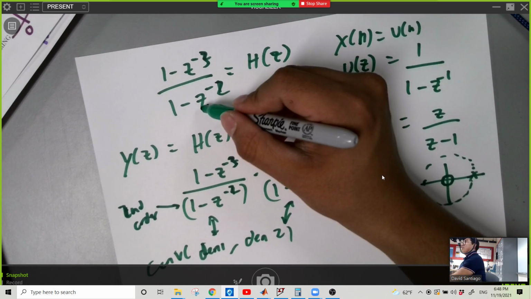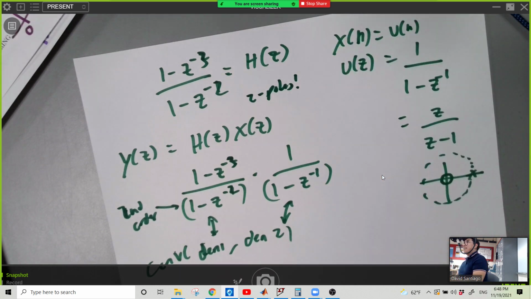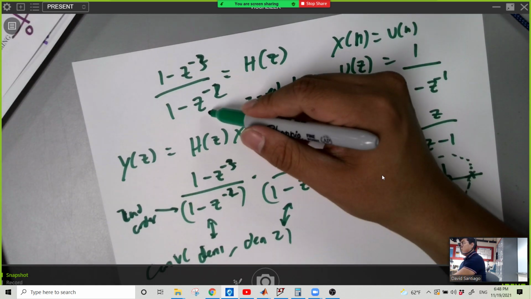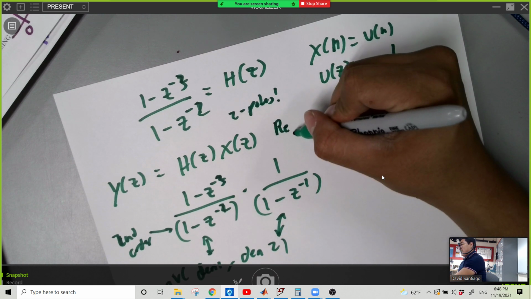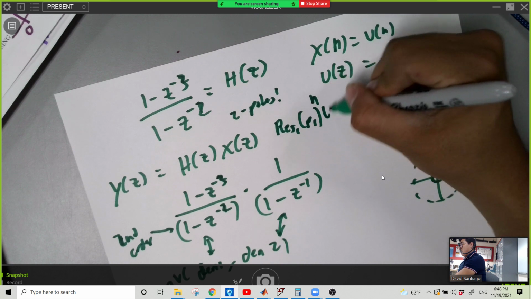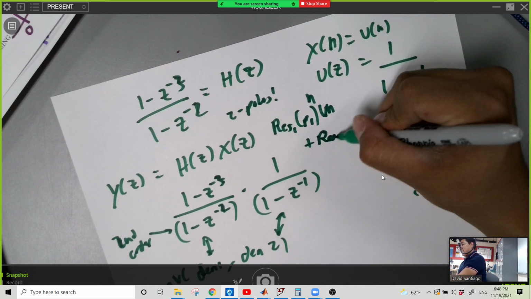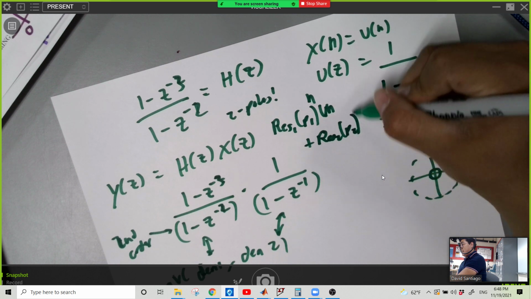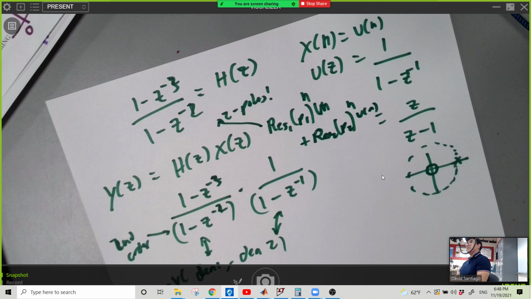So if this is second order, this is going to have 2 poles. So if you were to do the residue or the inverse Laplace transform, you're going to have res 1 p1 to the n u of n, plus res 2 p2 to the n u of n, for a second order equation, okay?